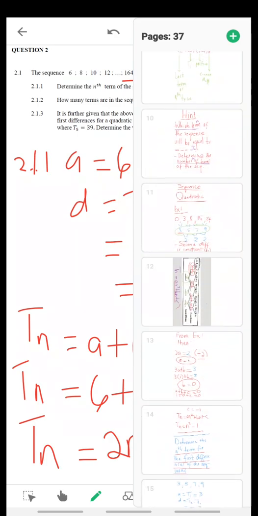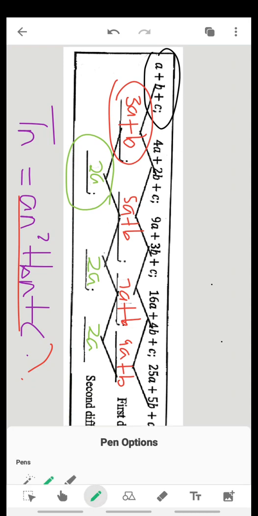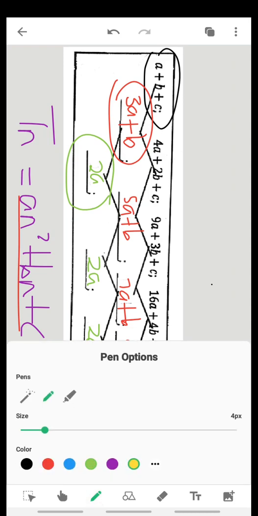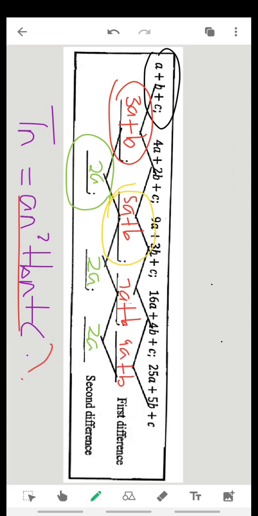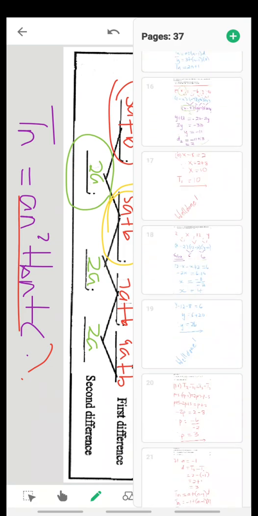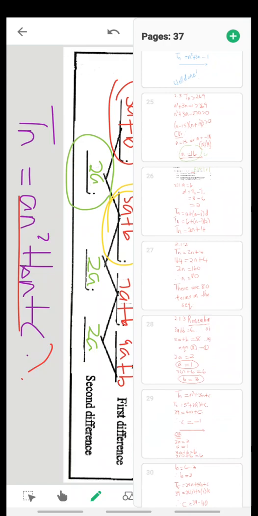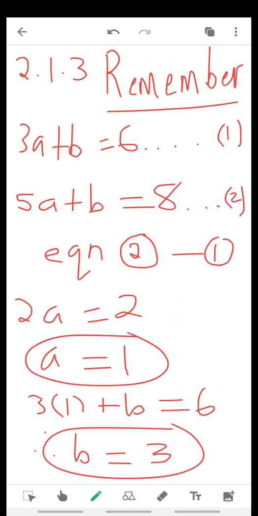When I come back here, what was the second term of the first differences? I hope you can see it there. The first term of the first differences was 5a plus b. So that's why I've equated it to that. Continuing, I said 5a plus b equals 8.